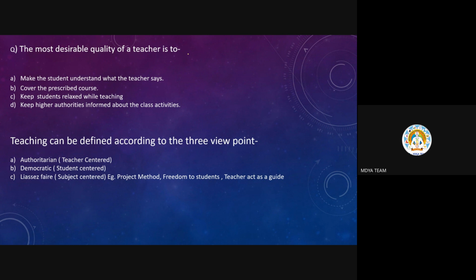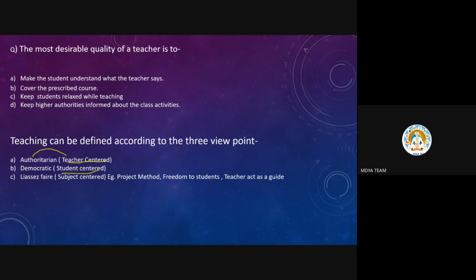Now, teaching can be defined from three points of view. The authoritarian, which means teacher-centered. In the previous class, we discussed teacher-centered and student-centered. So authoritarian is teacher-centered. It means that the teacher is the authority. Democratic means student-centered.